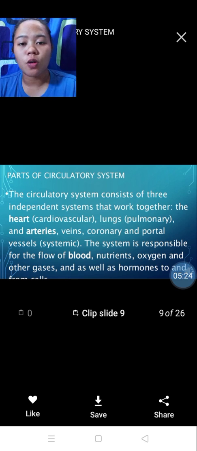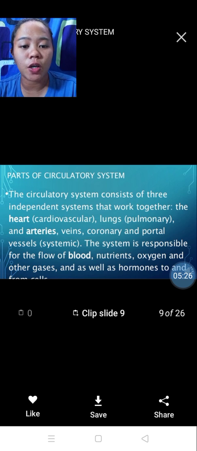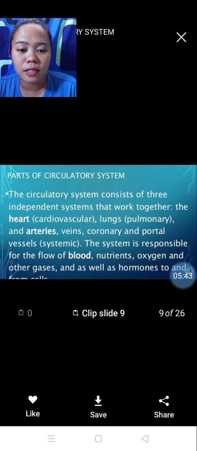Yan po. So, malaki po yung gampanin ng circulatory system kasi it consists of 3 systems na nag-work together para sa ating body. Like the heart, which is the cardiovascular, the pulmonary, which is the lungs, and the artery, which is a systemic system.